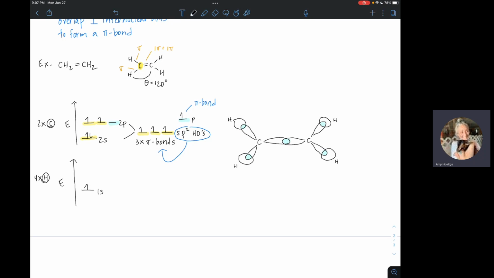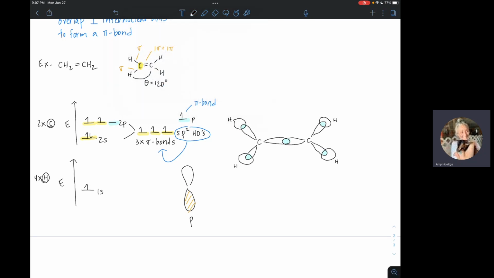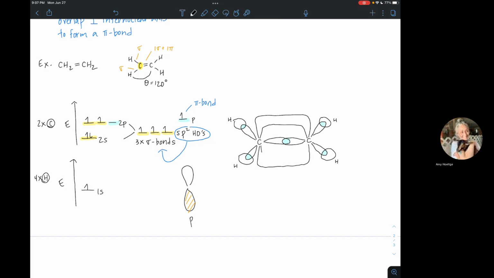The unhybridized p orbital. So each one of those carbons is going to have an unhybridized p orbital. And remember, those look like this. So this is a p orbital, right? I'll just say this is out of phase. Each one of those is going to have one. When they overlap above and below the internuclear axis, you end up with a pi bond.